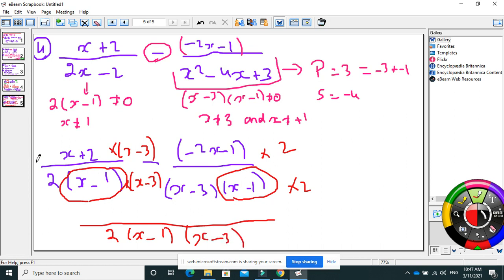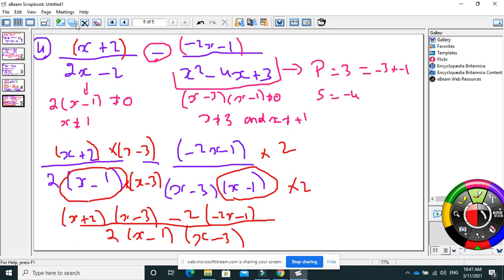And now I need to work with my numerator. So here already, parentheses, we always put parentheses so we'll not make any mistake. So I have x plus 2 times x minus 3 and minus 2 times minus 2x minus 1. And then I just need to fix my numerator and simplify if it's possible. And you can factorize it and simplify if it's possible.